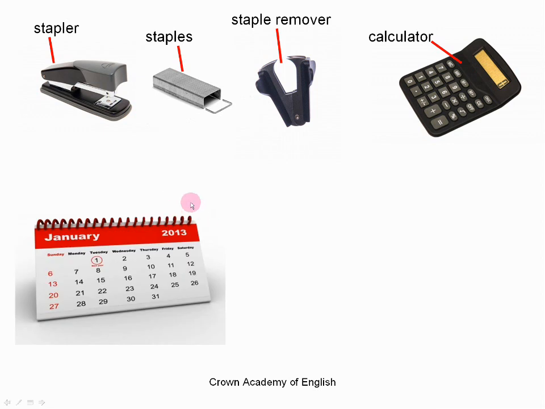Something else we see in an office is a calendar. Now this is a desk calendar because it is small enough to go on the desk. So this one is a 2013 calendar and it is showing the month of January.